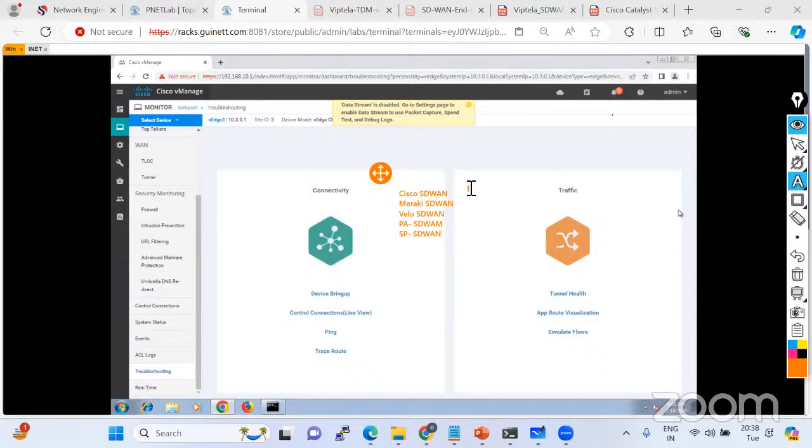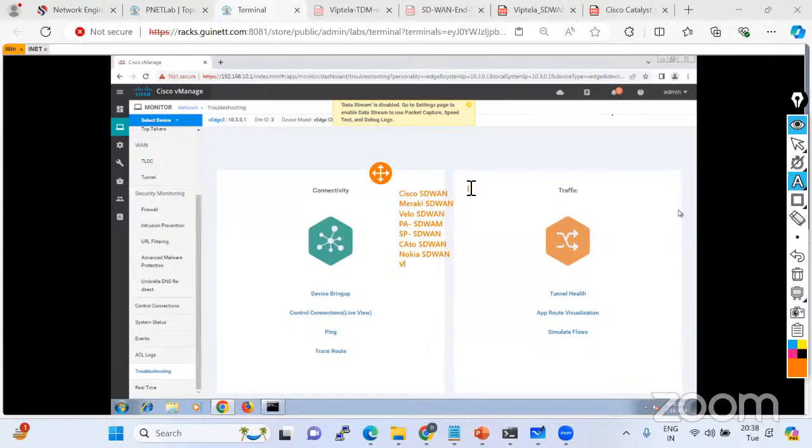We have Silver Peak SD-WAN. We have Nokia Nuage SD-WAN. What else? That's VMware SD-WAN.